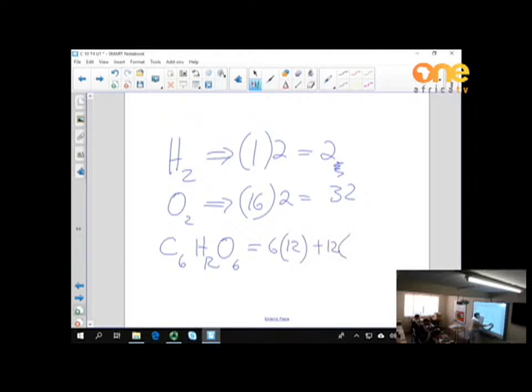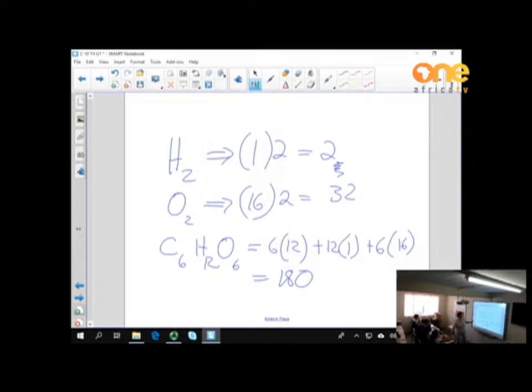The relative atomic mass of hydrogen is 1. And how many oxygen atoms do we have? 6. The relative atomic mass of oxygen is 16. And that will give you a value of 180.